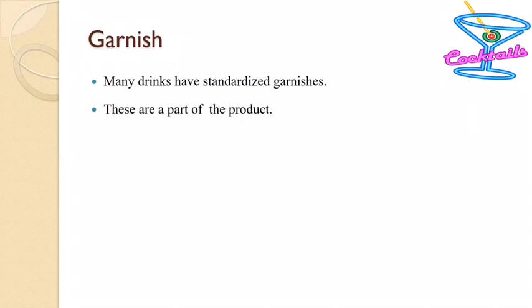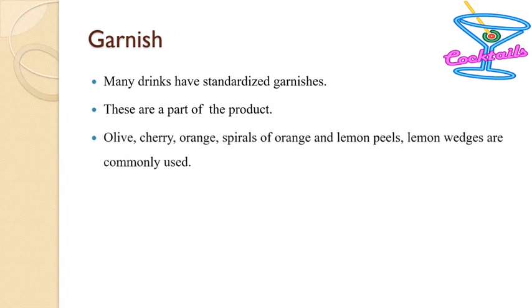These garnishes will be a part of the product. Certain garnishes are used as an ingredient plus as a garnish to that particular product. There are certain lists of the garnishes which are very commonly used, in which we have olives, cherry, orange, spirals of orange and lemon peels, lemon wedges.